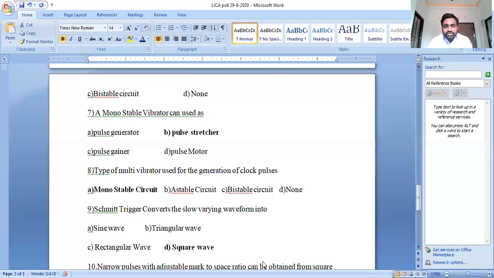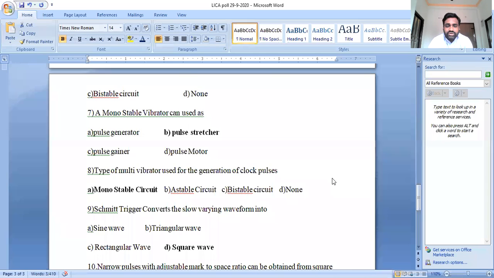Most of the people went wrong with pulse generator. A monostable multivibrator is not a pulse generator, it is a pulse stretcher. An astable multivibrator is a square wave pulse generator.